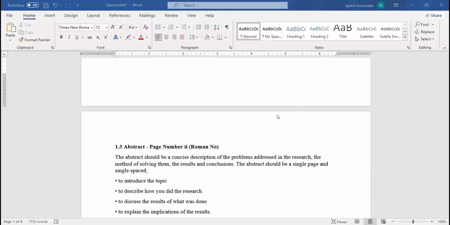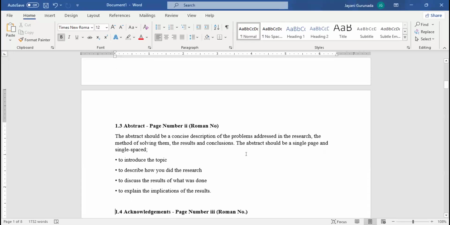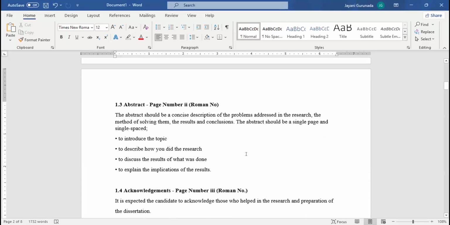Right. So then abstract. In abstract, that is page number 2, Roman number, right? That should be Roman number. The abstract should be a concise description of the problem addressed in the research, the method of solving them, the results and conclusion. So in your case, you don't need to include a lot of data analysis methods because it is not expected here.